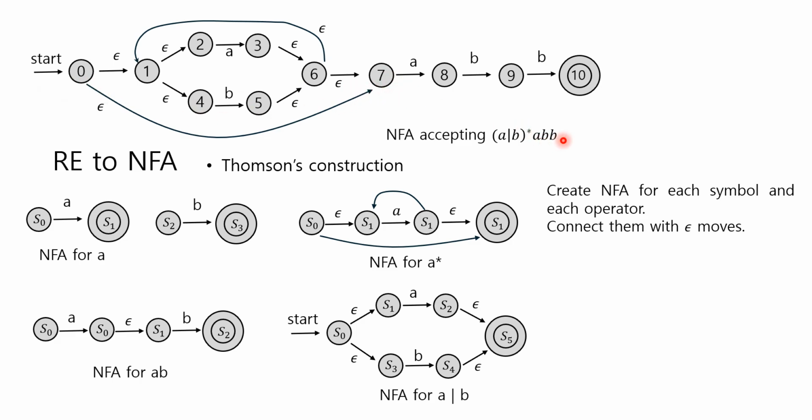And with the following ABB, because they are concatenated, you just concatenate with epsilon, but you can simplify by removing epsilon because they keep the same string. So by connecting them with the corresponding labels, we have A, B, B with final state 10 and start state 0, which gives us the corresponding NFA for the given regular expression A union B Kleene closure ABB.